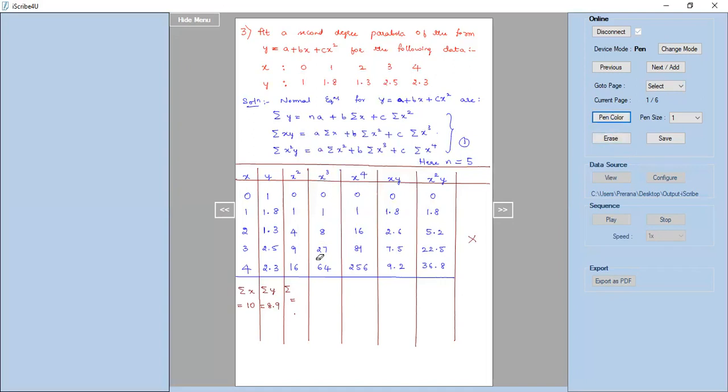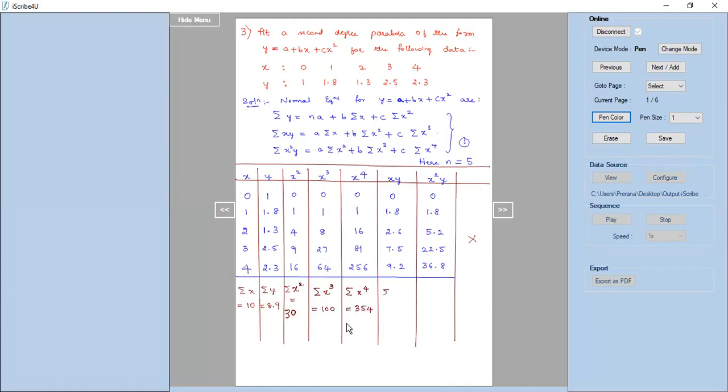Summation x square is 30. Then we have summation x cube. X cube summing up, we will get 100. Then summation x power 4 we have, which is equal to 354.